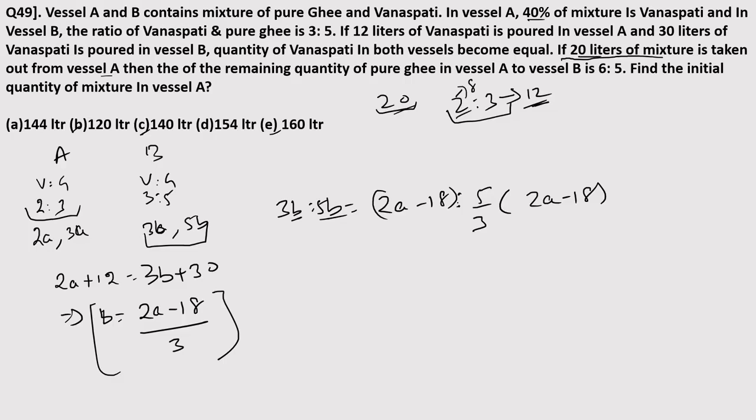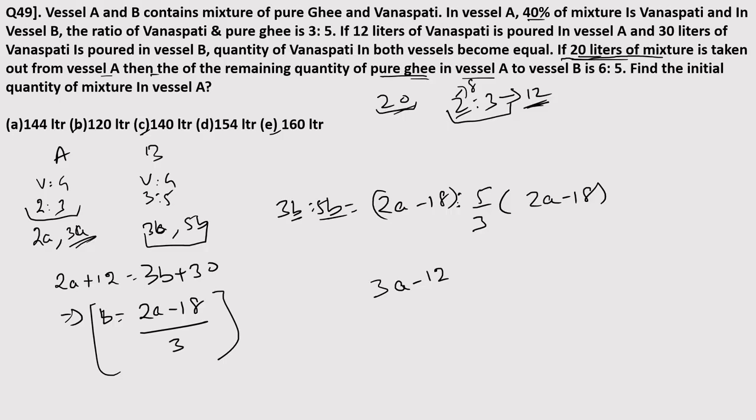After removing 20 liters of mixture from A, the question says, then the quantity of pure ghee in vessel A. 12 liters is removed, so how much ghee is remaining in vessel A? I can say this is 3A minus 12, the remaining part.